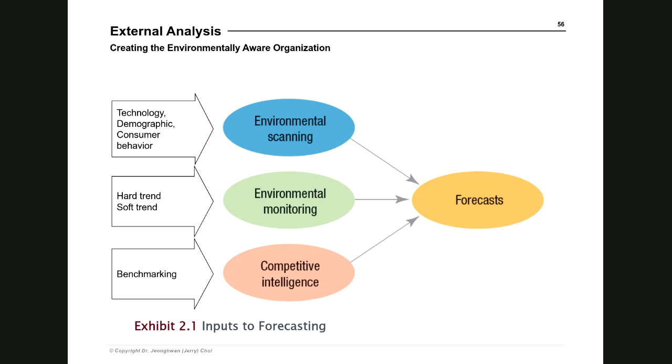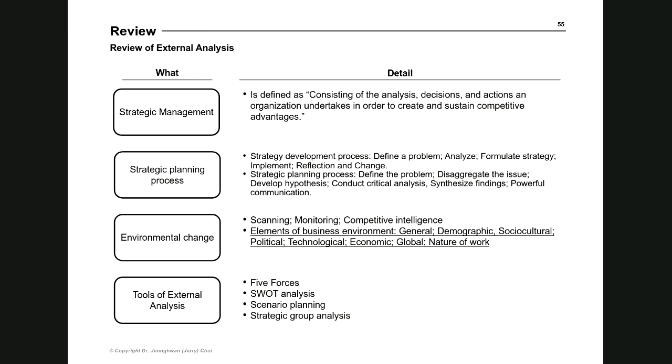Then we learned how to conduct the external analysis, and we started with Michael Porter's 5 forces. Mainly we learned the tools: the 5 forces, the SWOT analysis a little, scenario planning and strategy group analysis. That's our review.